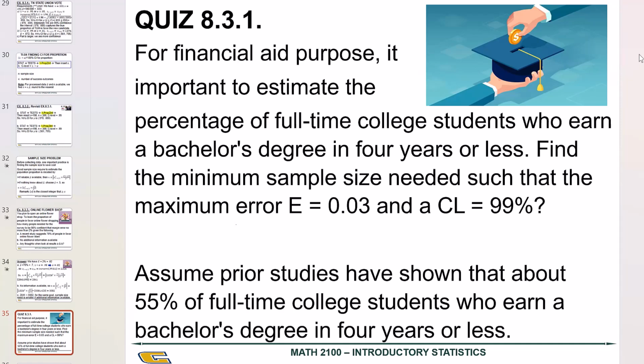So this is a sample size problem. Do we know anything about p-hat from some source? Here they say prior studies have shown 55%, so in this case your p-hat is known, p-hat equals 0.55.